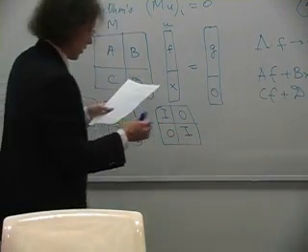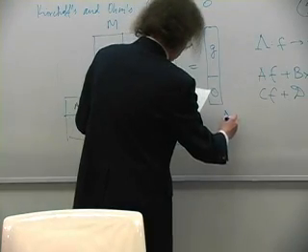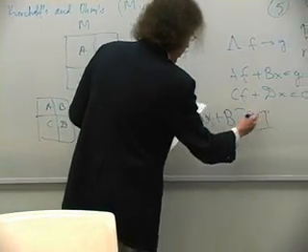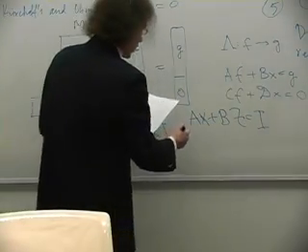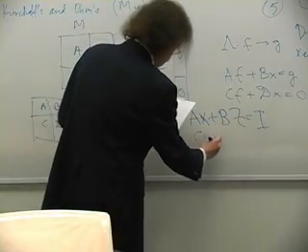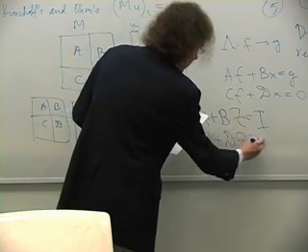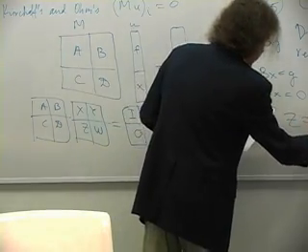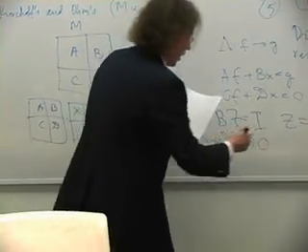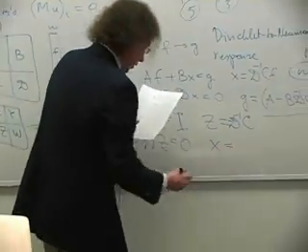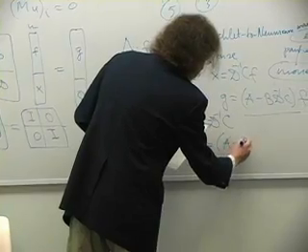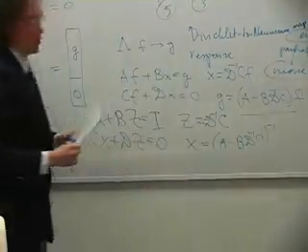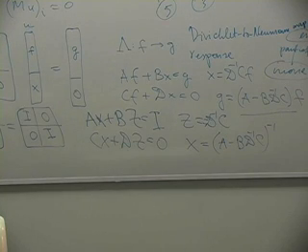Then one can solve this system of equations with blocks of the matrix. Z equals minus D inverse C, and then X equals A minus B D inverse C, inverse. So this is another way to look at the Dirichlet-to-Neumann map.